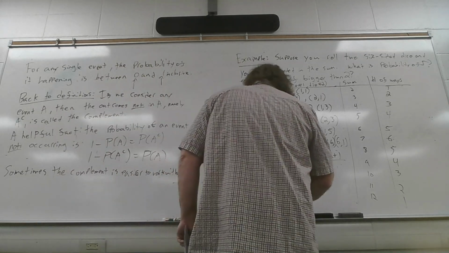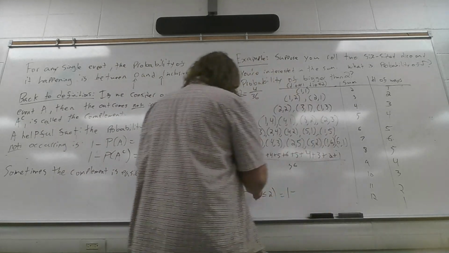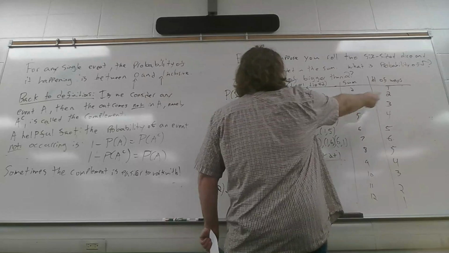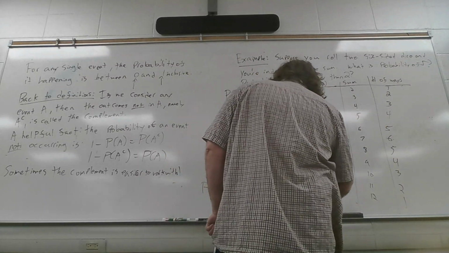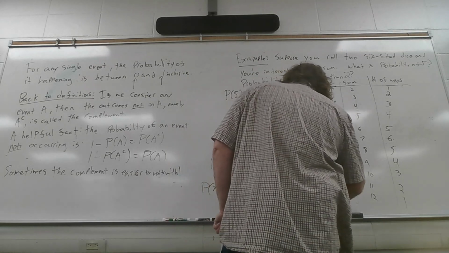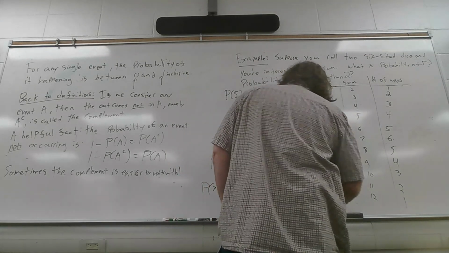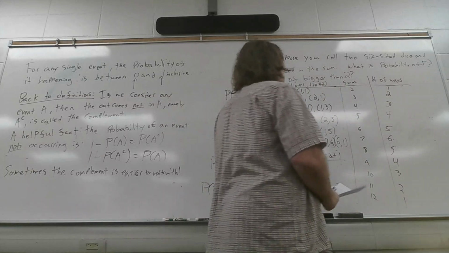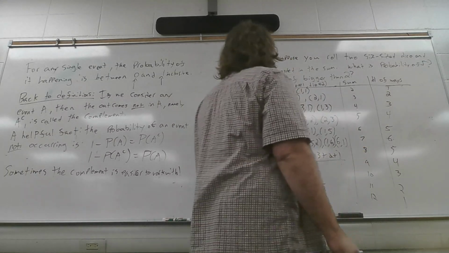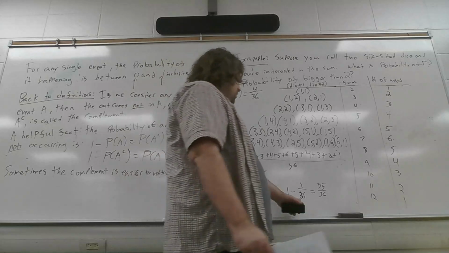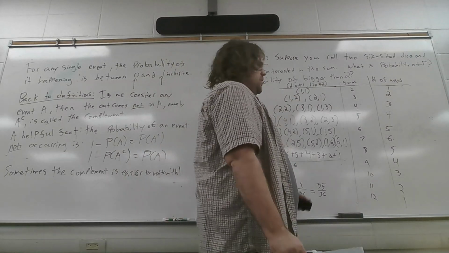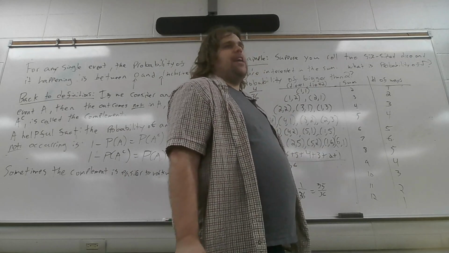Okay, but then less than or equal to 2, there's only one situation, and there's only one way to do it. So it's 1 out of 36. So 35 out of 36. If I were just presented with this question alone, the probability of bigger than 2, I only need to figure out this one. And then I can use this property and I don't have to do any of the rest of the table, right?